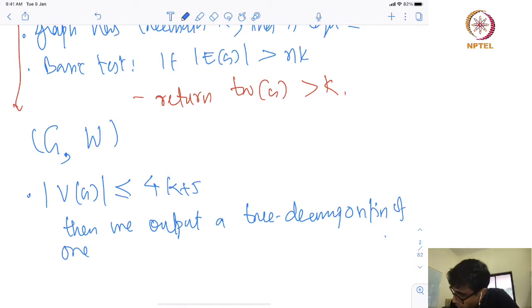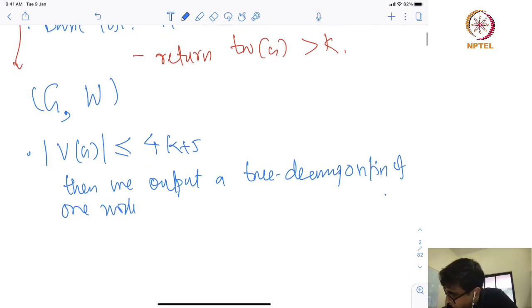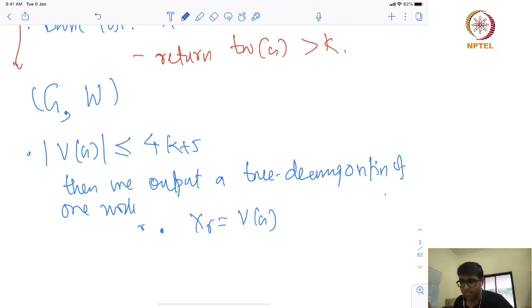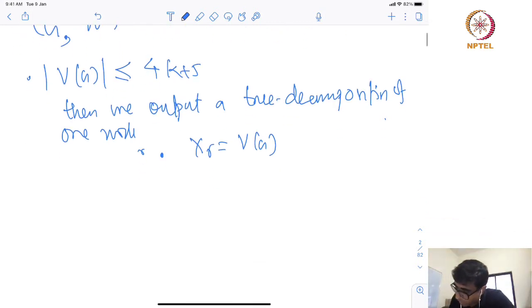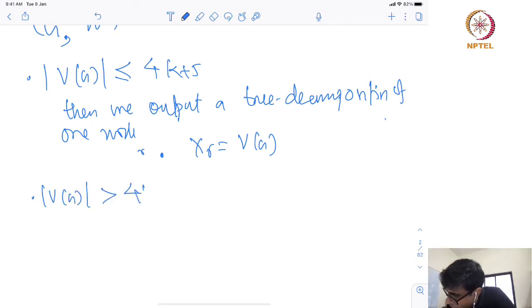The bag X_R is basically the vertex set of G, and it automatically satisfies all the properties. Otherwise, we are in the case when the vertex set of G is strictly more than 4k plus 5, and we are given a set W.